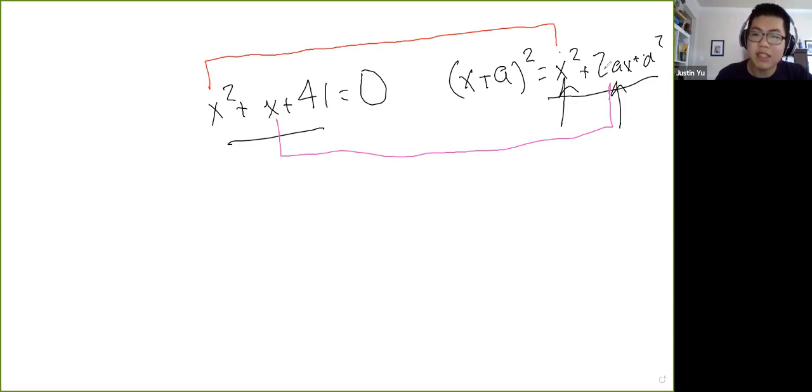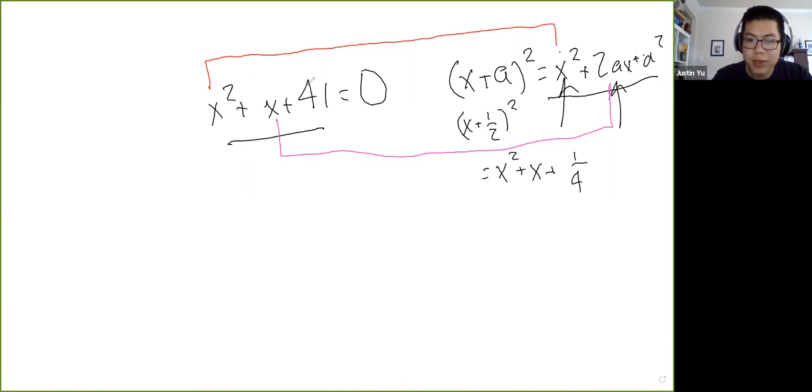Yep, 1/2, that's exactly what it is, because if you have this 2a expression and you multiply by 1/2, you get 1, which is right here. So we know that a in this case is going to be x plus 1/2 squared. So that's x squared, good, plus x, good, plus 1/4.